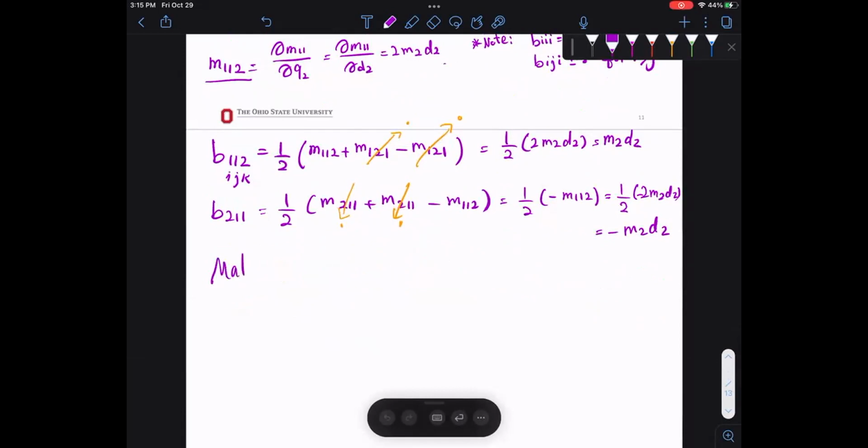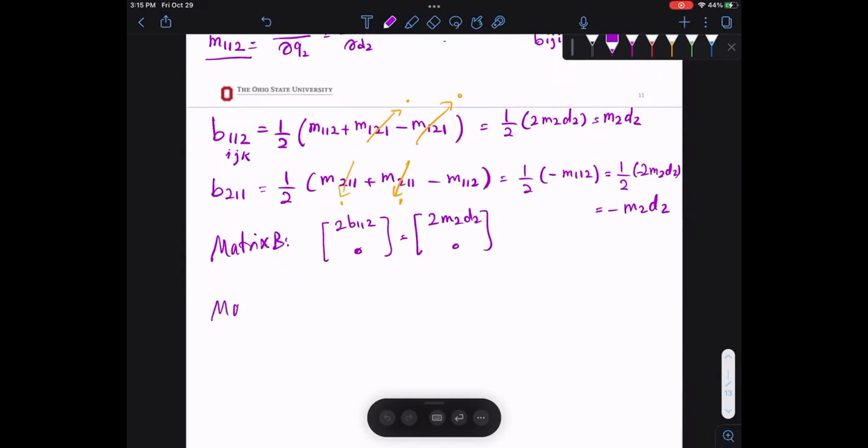Now matrix B is going to have 2 elements, 2 B112, 0. We are following the big matrices that we saw before. So this is going to be 2 M2 D2, 0, and matrix C is going to be 0, B122, B211, 0.